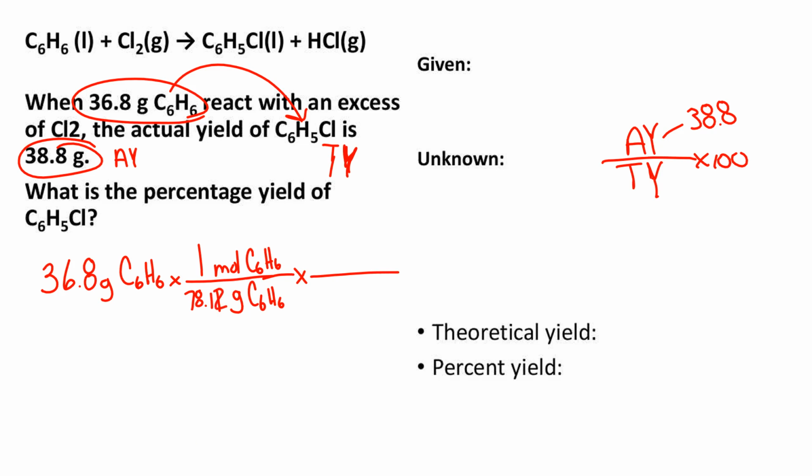So now that I'm in moles of C6H6, I can get to moles of C6H5Cl. I have to make sure it was balanced. It is balanced, so it's 1 to 1. Just make sure you verify. If you don't see coefficients, check it. If you see coefficients there, you can assume it's balanced.